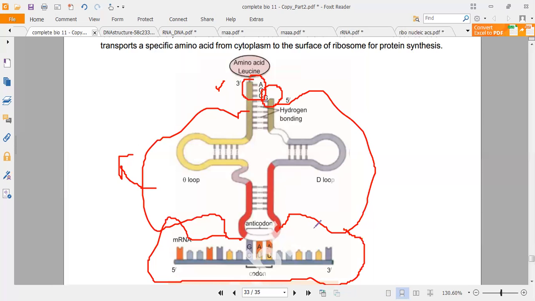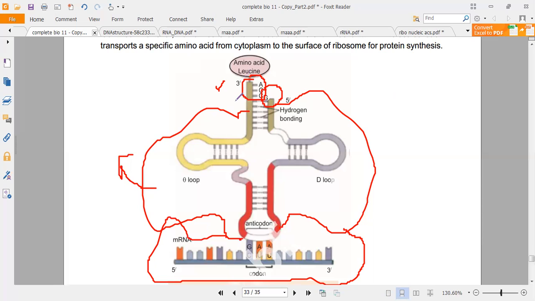So after binding, what happens? It has an anticodon, which is complementary to the codon, and it also carries the first amino acid of every protein. It attaches with that one. There are almost 45 different kinds of transfer RNA present in human beings, and almost 60 transfer RNAs have been identified.